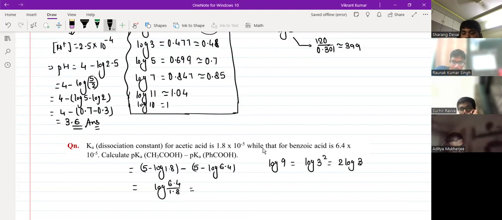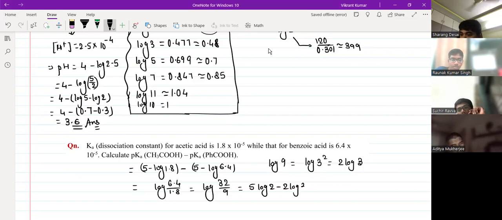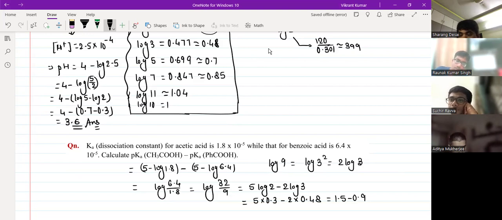We can simplify it even: log 64 by 18, then we can write it as 32 by 9, which is 5 log 2 as log 32 minus 2 log 3 as log 9. We'll be writing 5 into 0.3, I am taking right now. Like I told you again, since it is option based, we can go ahead; otherwise we need to be careful about that. And this is 0.48, I have taken. So this is coming 1.5 minus 0.96. This is coming 0.54. Again, if you're not taking the exact values, it will be slightly off.